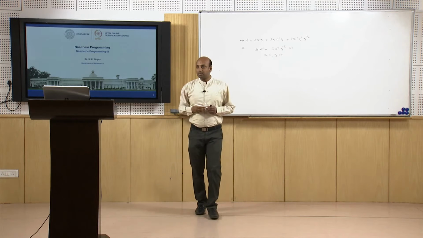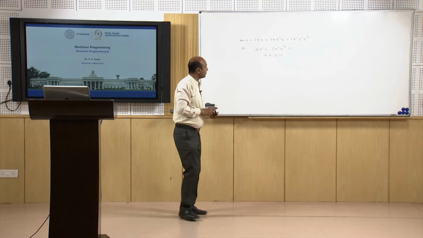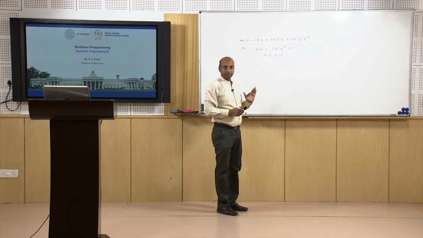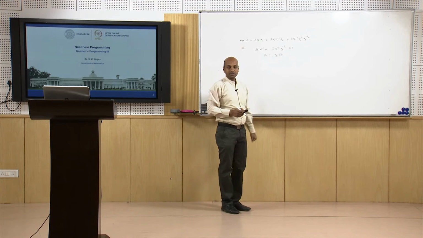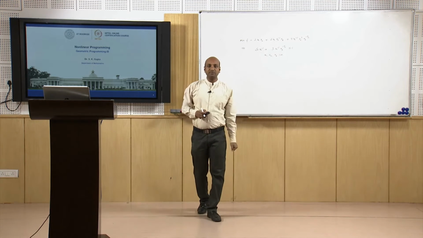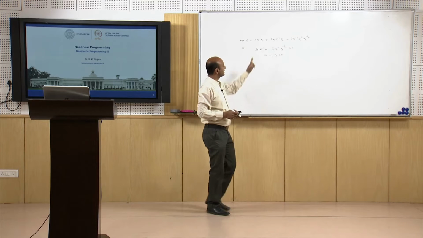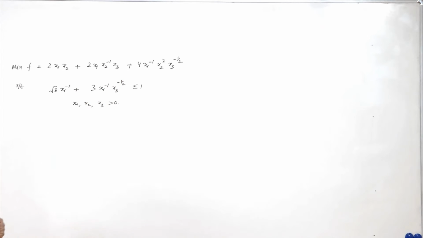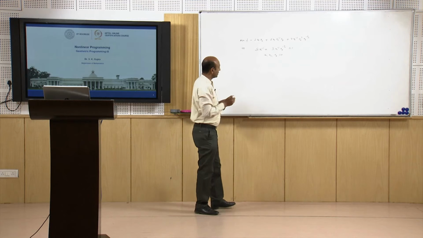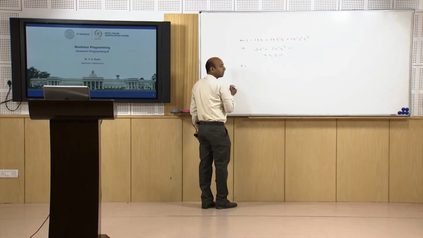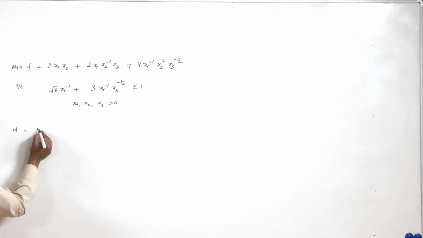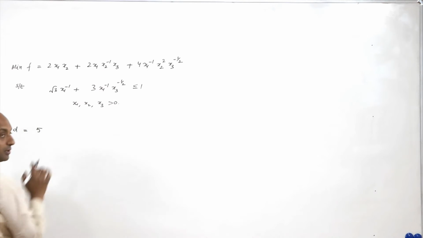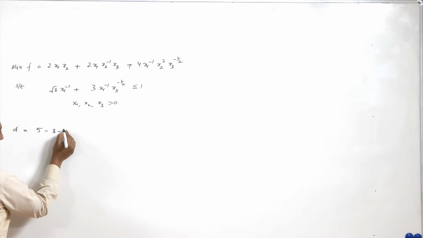So, let us consider this problem. In this problem, how many terms are we having? We are having 1, 2, 3, 4, 5 terms. And how many variables? We are having 3 variables: x1, x2 and x3. The degree of difficulty is the total number of terms in the objective function as well as in the constraints, that is 5, minus the number of variables, 3, minus 1.